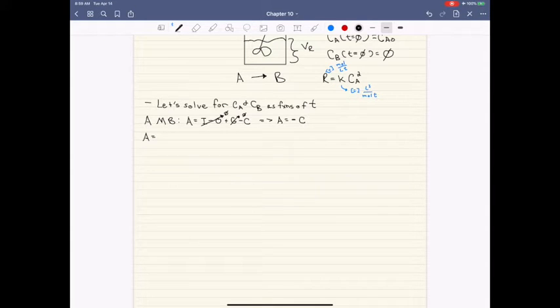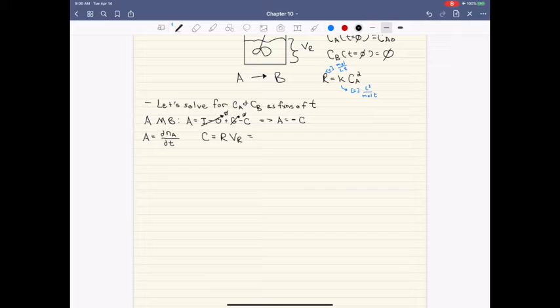We can plug in for what each of the terms in the material balance are. For A, we're looking at the change in moles of species A over time, and so our accumulation term should just be dNA dt here. We're going to treat it as a differential equation. For the consumption term, that's going to be equal to R times the volume of the contents in the reactor.